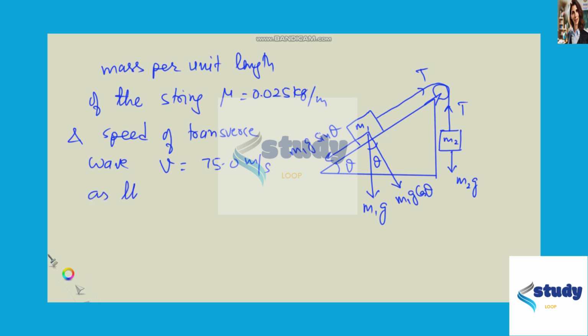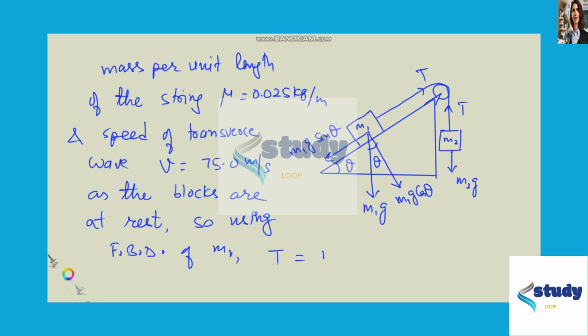As the blocks are at rest, using free body diagram of the block of mass m1, T is equal to m1g sin theta, means we can say m1 is equal to T upon g sin theta.